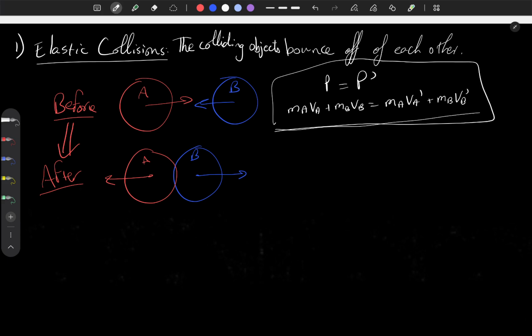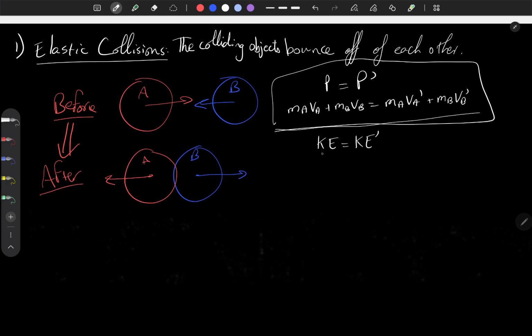And that is the conservation of energy, particularly kinetic energy. Similar to the conservation of momentum, the conservation of kinetic energy will look something like this: KE is equal to KE prime. And again, this means that the kinetic energy before the collision is equal to the kinetic energy after the collision.